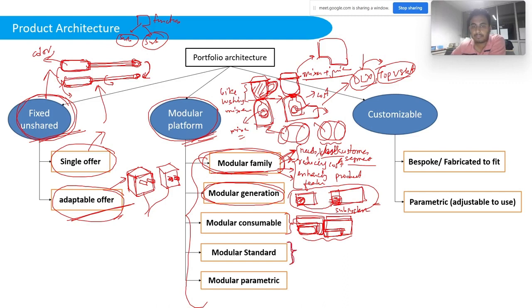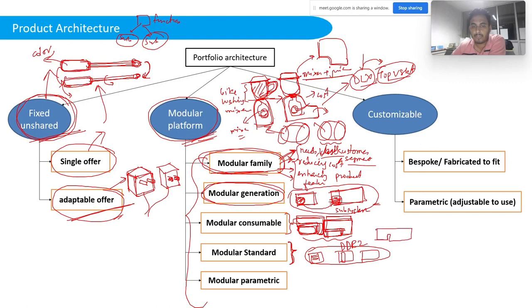Modular standard means that while manufacturing your different products, you are standardizing them by using some standard components, some standard architecture. Those are called modular standard products. For example, you are using a similar bus structure. In your PC you use DDR2 RAM, right?